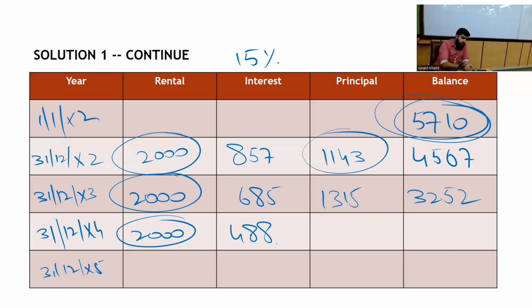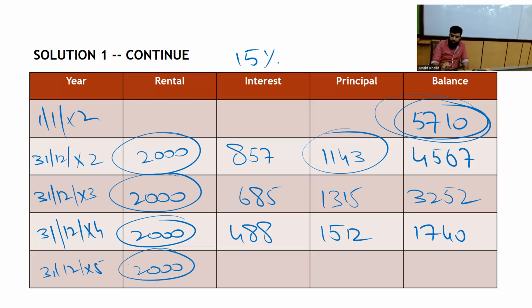Out of 2000, 488 is interest, so the company has paid principal of 1512. 3252 minus 1512 means the remaining lease liability is 1740.